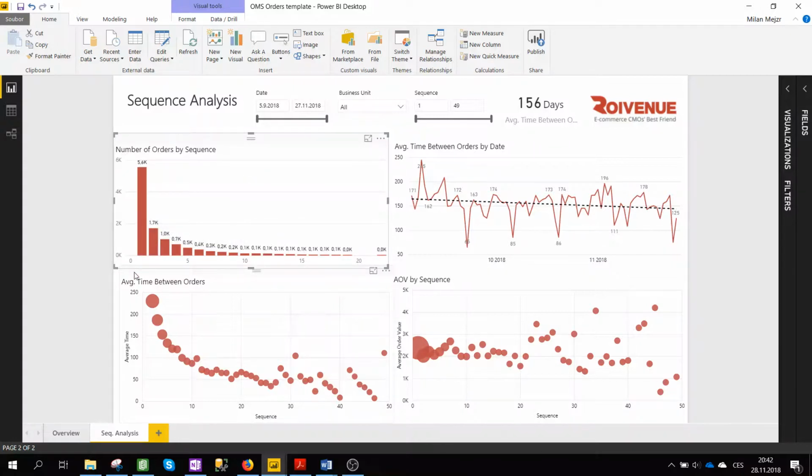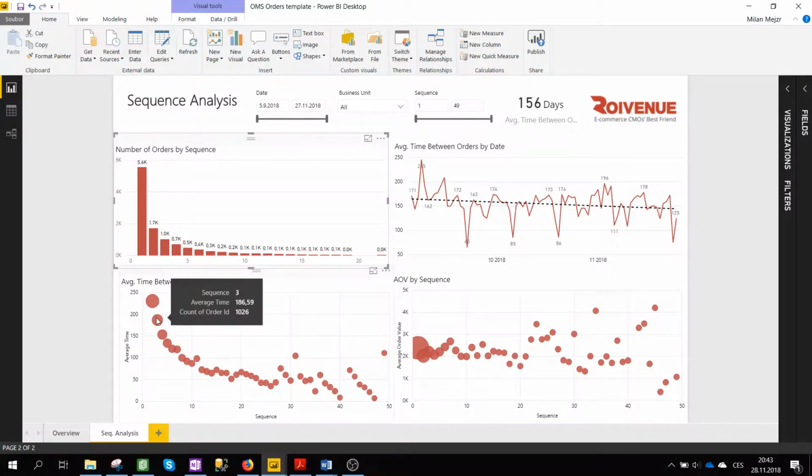In this diagram, we have time between orders. On the x-axis, we have sequence. On the y-axis, we have average time. In this case, we start with sequence 2. So to be more specific, the time between the first and second order on average takes 230 hours.